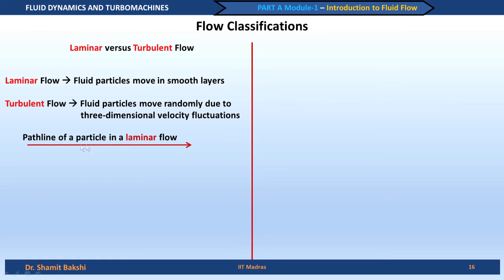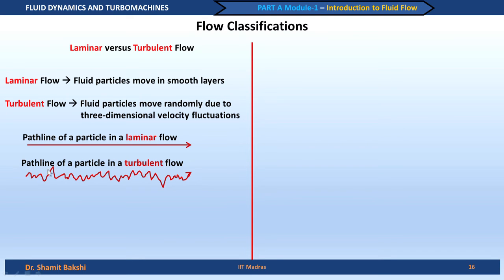It need not be straight, it can be curved also, but it is smooth. What do we mean by this smoothness? We can easily see it if we see the path line for the case of a turbulent flow. For a similar type of turbulent flow, let us say flow through a pipe, the path line will be something like this. It will be very rough, it will move haphazardly through the flow.